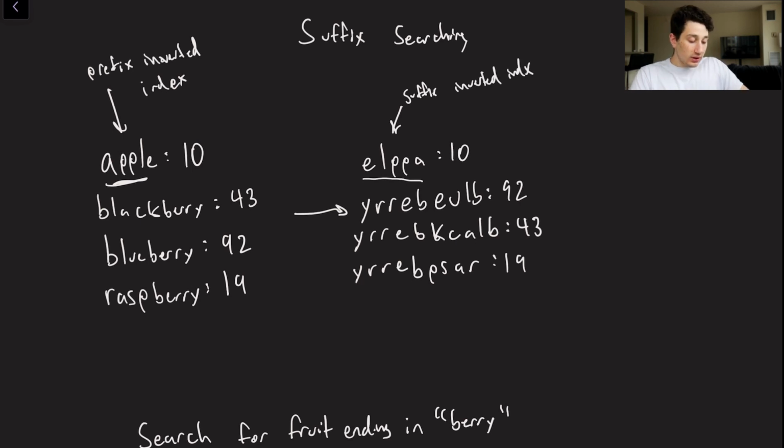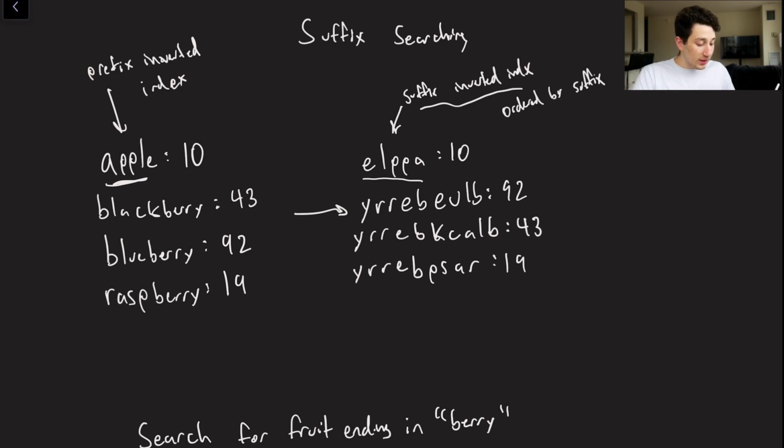And note that even though the order of the words here is apple, blackberry, blueberry, raspberry, in our suffix inverted index, we're still ordering our terms alphabetically. So it's actually apple, then I believe it is blueberry, then it's blackberry, then it's raspberry. So note that this is still ordered by suffix.